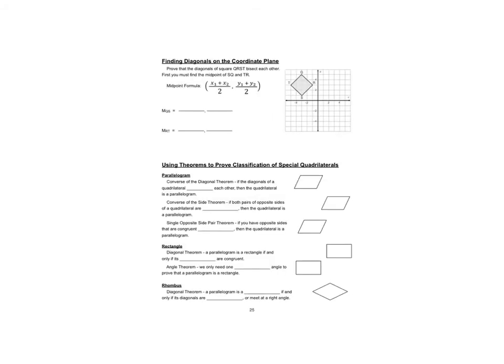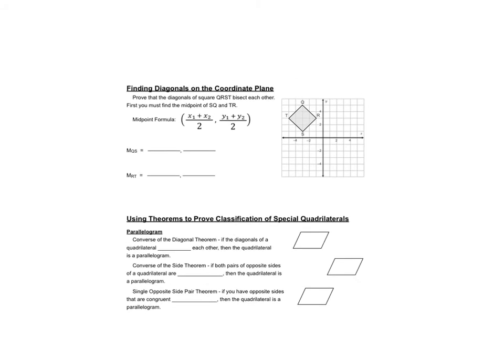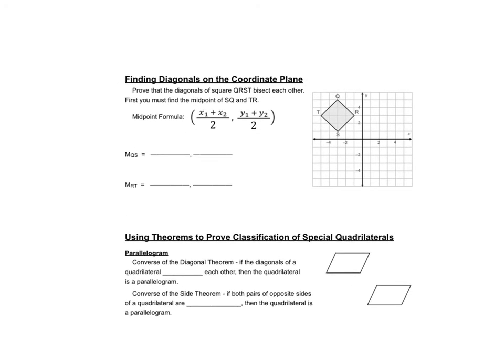So continuing on, as we talk about finding diagonals on the coordinate plane, one of the things we're going to talk about is using the midpoint formula, because the diagonals, where do they intersect? In many cases they intersect at a midpoint, and the intersection point becomes the midpoint of the two diagonals, therefore showing that they bisect.